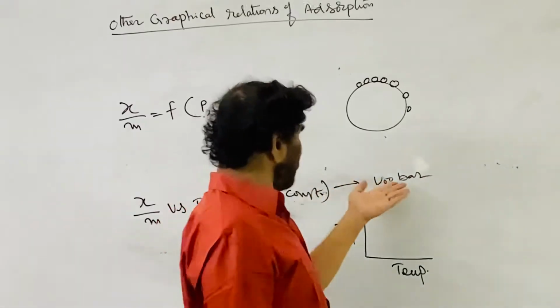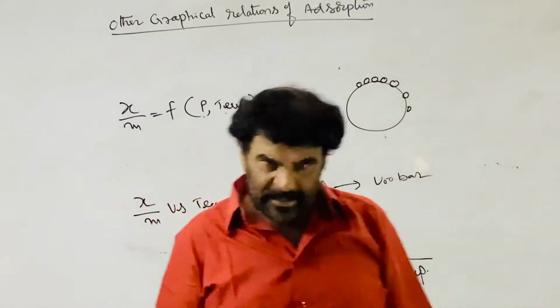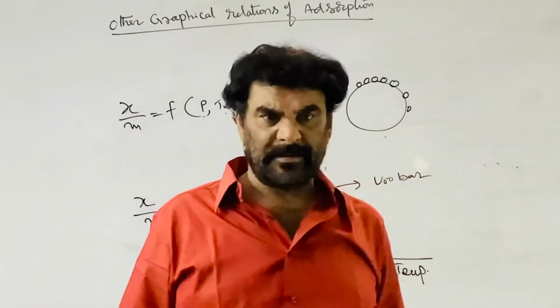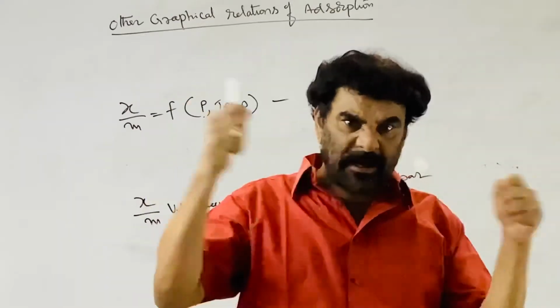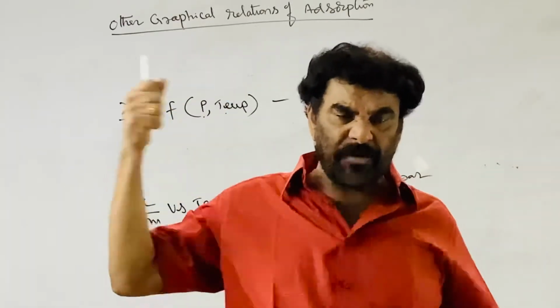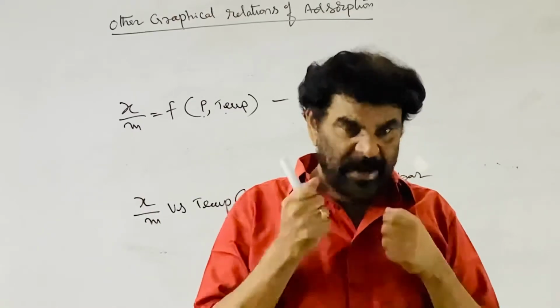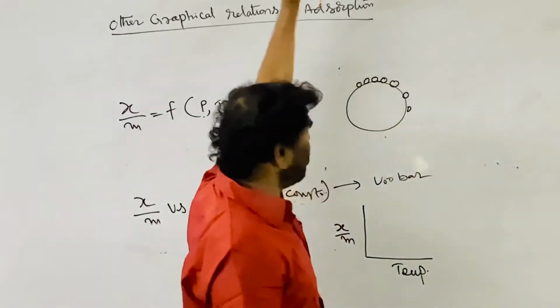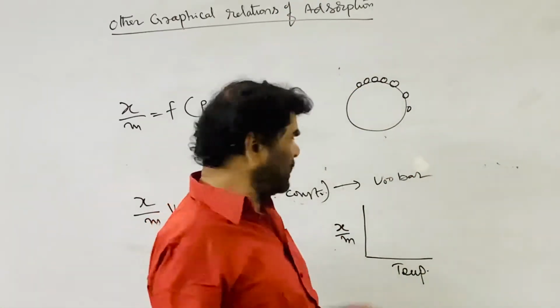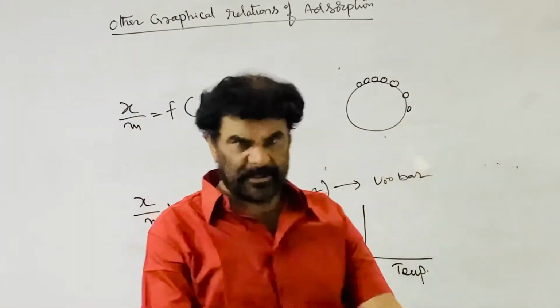As you increase the temperature, the thermal or kinetic energy of the molecules increases. The molecules get sufficient energy to overcome the attractions between the adsorbent surface and the adsorbate molecule. Therefore, the molecules become free, so the rate of desorption increases.